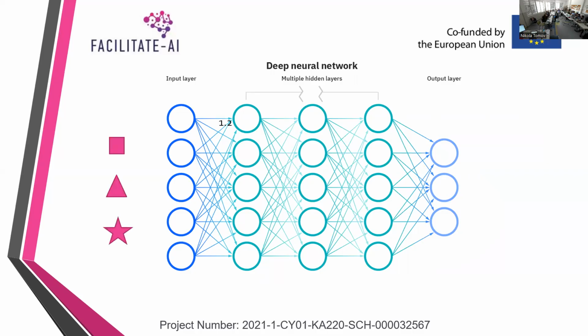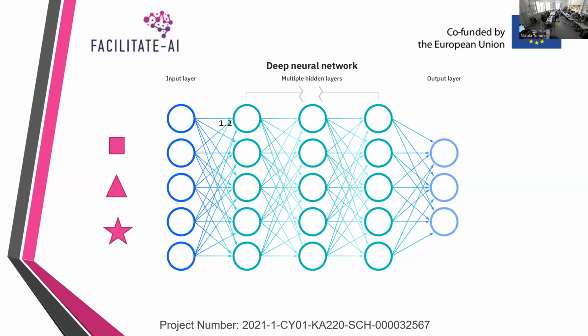Let's say we want to distinguish between different shapes, a square, a triangle, or a star. We input it to the neural network. There's some work happening here. There are some functions called activation functions, which are used to activate some of these nodes.